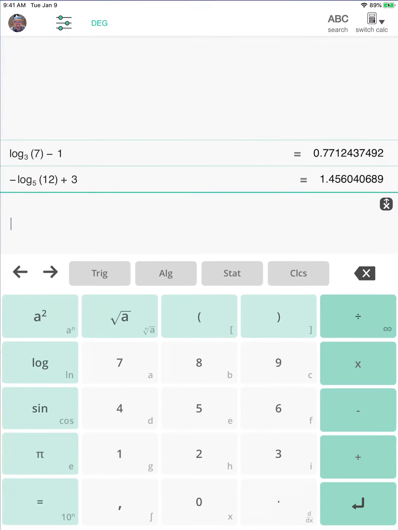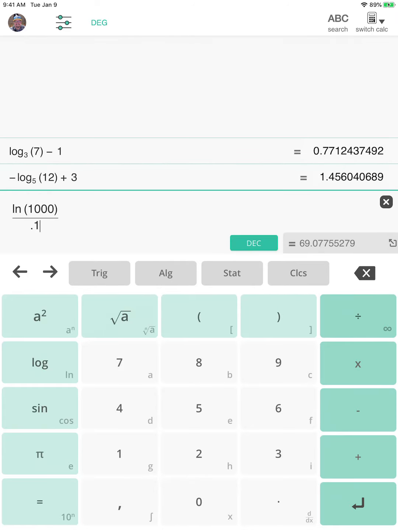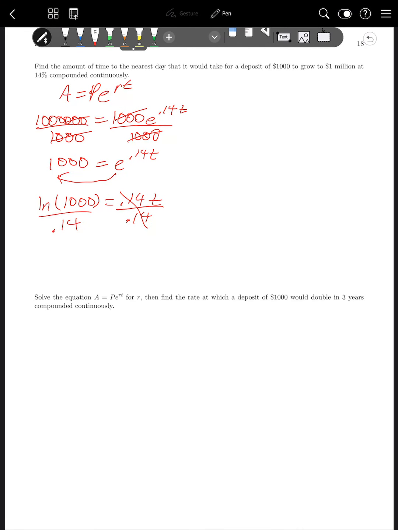So the natural log of 1,000 divided by 0.14. And that's 49.3411. So t is approximately 49.3411. And then it says approximate that to the nearest day.